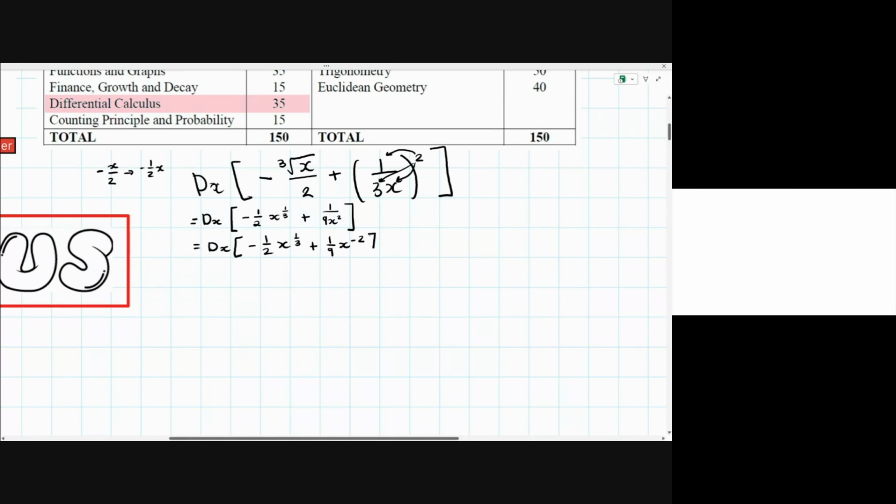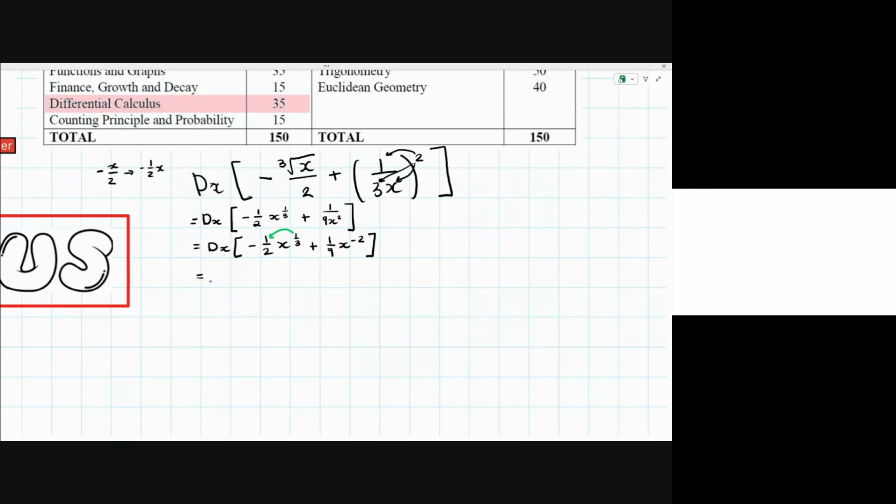Again, I write it next to the fraction just because I find it a little bit easier to then do my differentiation rules. Now I can find the derivative because it's in the form I want. First term, take the exponent, multiply it by the coefficient, so negative a half times a third. Now remember, because I'm finding the derivative, I can drop the notation.